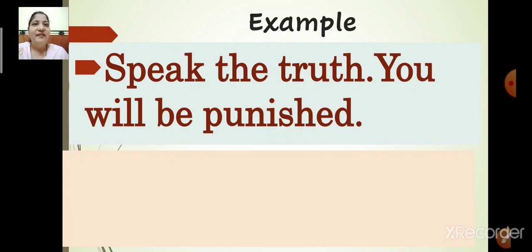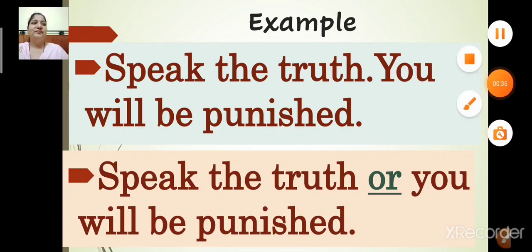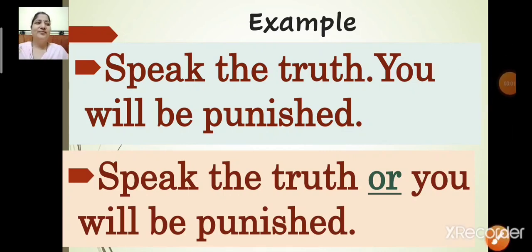So children, while writing the answer, how will you write? You will write speak the truth or you will be punished. So children, here you have a choice between these two sentences. Speak the truth or you will be punished.